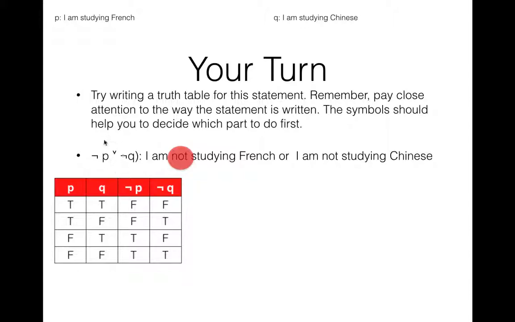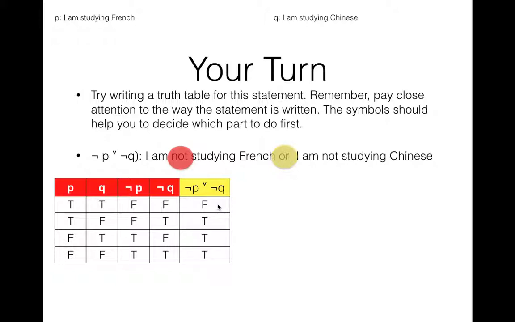Now I need to include my inclusive disjunction, the or. So I'm going to use my rules for the inclusive disjunction. Again, I'm not really interested in P and Q anymore. I'm interested in not P and not Q. So if both statements are false, the inclusive disjunction must be false.